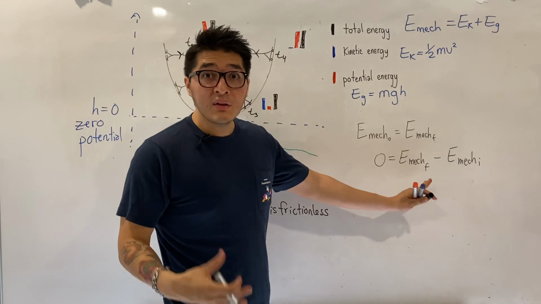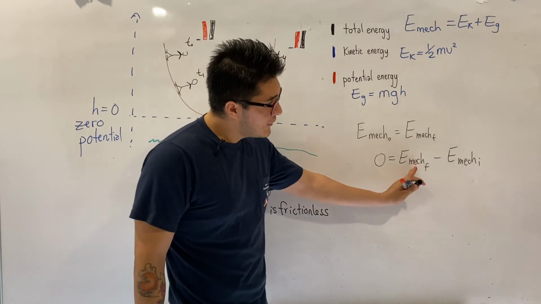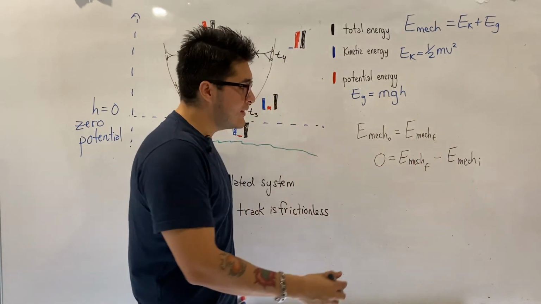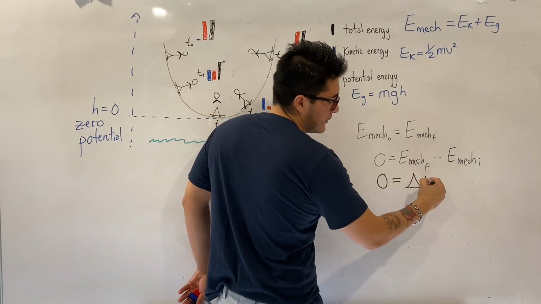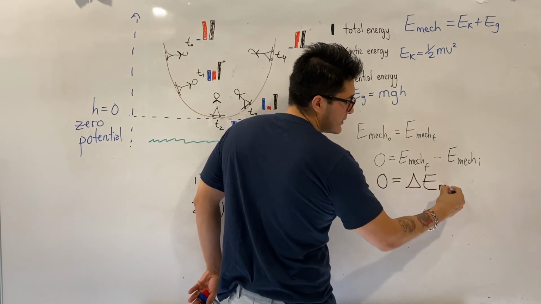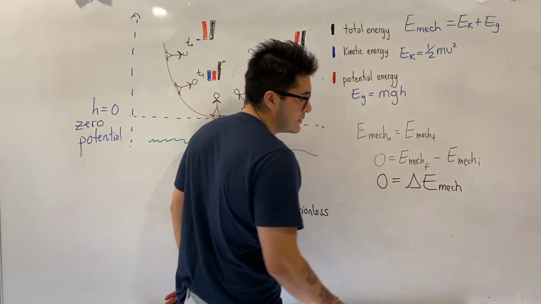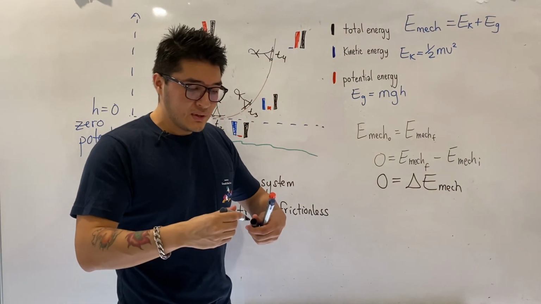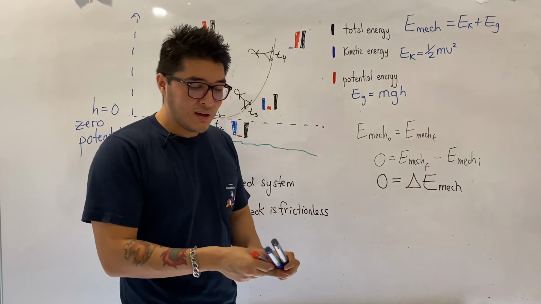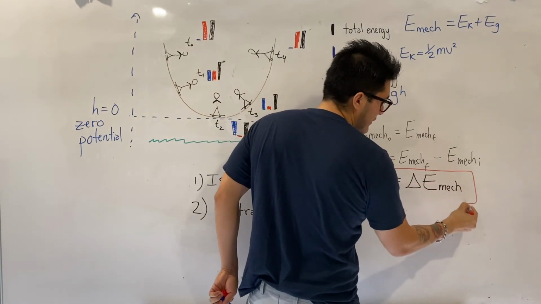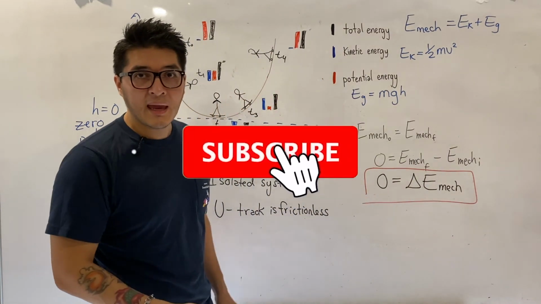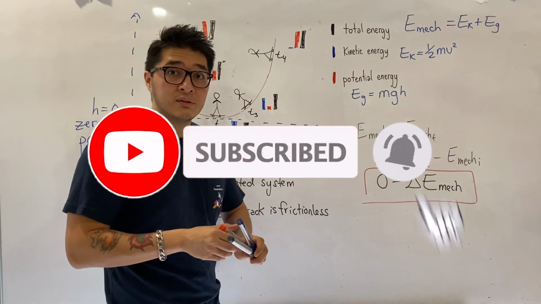Well, here we have another difference that we saw before, right? There's a final minus initial. Whenever we have this scenario, you can just say, oh, that is the delta, or the change in mechanical energy, equals 0. So this is the law of conservation of energy. The energy change equals 0 for mechanical energy. So mechanical energy is conserved.